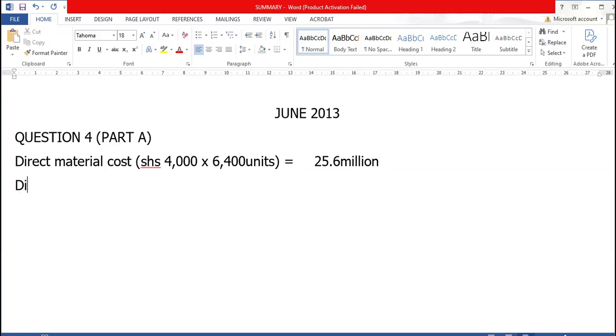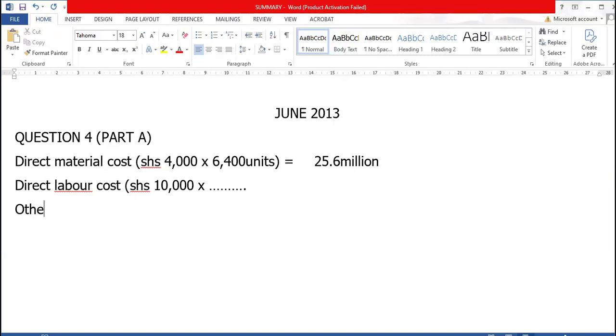Then direct labor cost. They told us it is shillings 10,000 per hour. But do you have the time? No, you don't have the time. We are going to look for that.